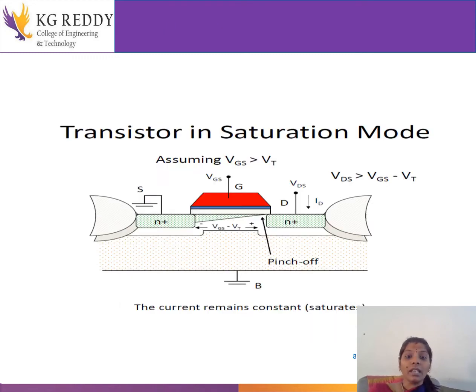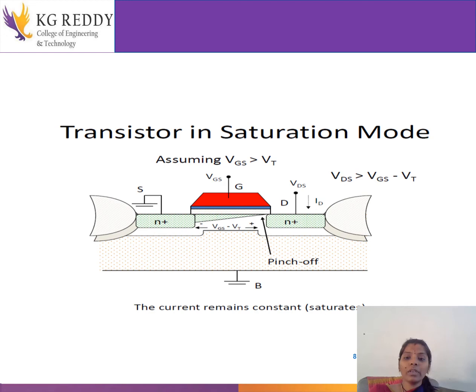See, just now I said how this is going into the saturation mode. As we keep on increasing the gate voltage much greater than the threshold, the channel will get pinched off, right? This is shown here, the pinch off operation. Okay, how we can draw it, all that we have seen here.